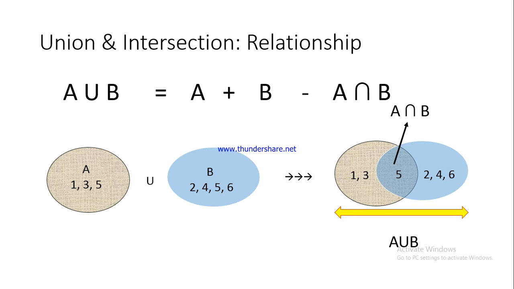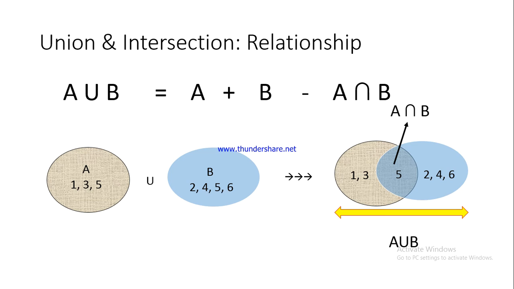So what you do basically is you remove it once, and that is why A union B becomes A plus B minus A intersection B, because when we were trying to find out A union B, the overlapping area was getting counted twice. It was basically included twice.